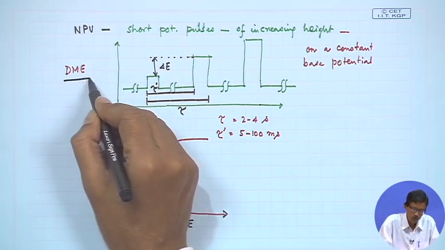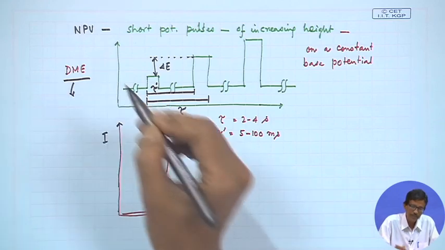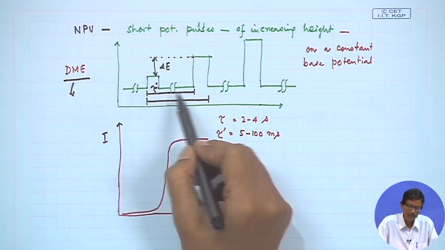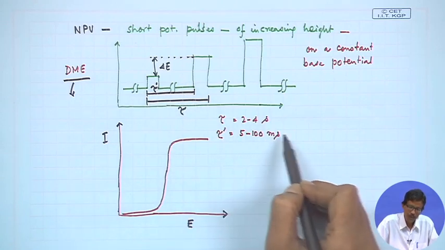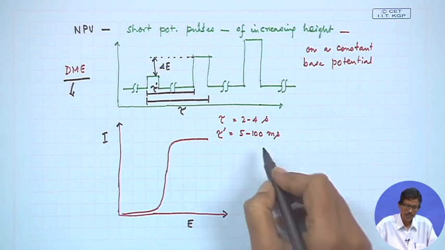When we use the dropping mercury electrode, there is the drop lifetime. If we consider the drop lifetime to be the same as the generation of these pulses, it will be very easy to monitor.